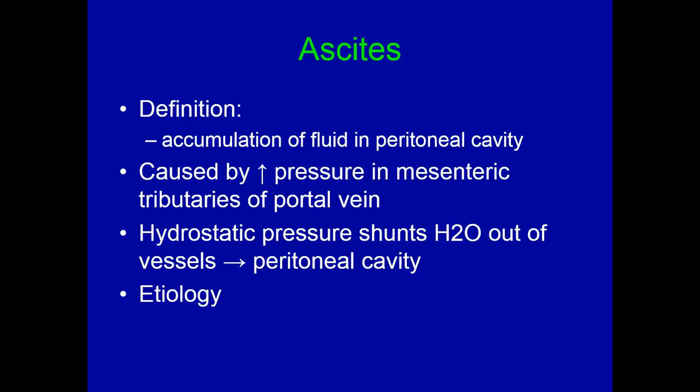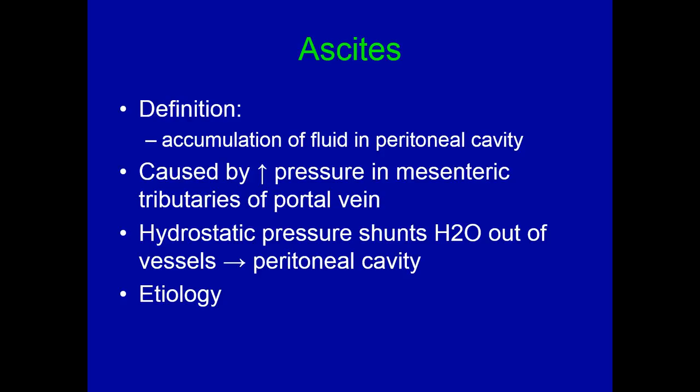All right, ascites then. Going on to ascites. We know what ascites is. We said earlier that it's accumulation of fluid in the peritoneal cavity, and this year we've talked about several reasons that someone might have ascites. One of those reasons includes a liver disorder.